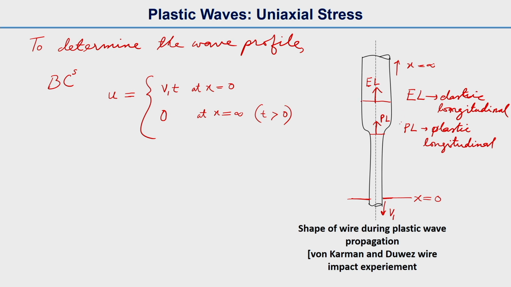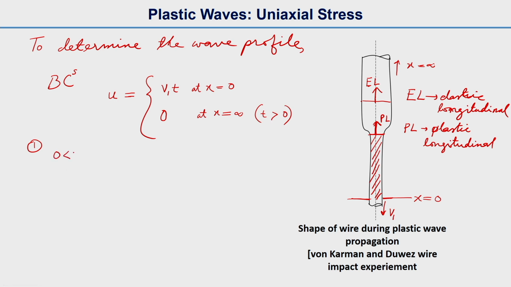So now the plastic wave, this is the wave front, and this is going in that direction. What will happen in the first case, in the region x equal to 0 to x equal to C1t?